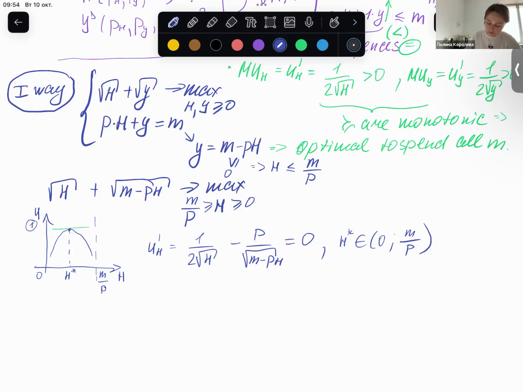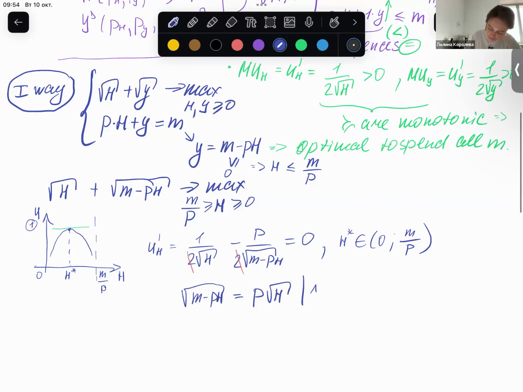So from here, what we should find? We should find the amount of heating, the demand for heating. So let's solve it. We delete 2 and do the cross. So here will be square root of m minus ph equals p square root of h.